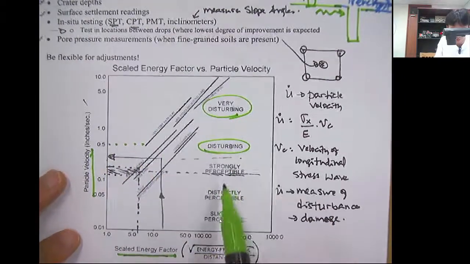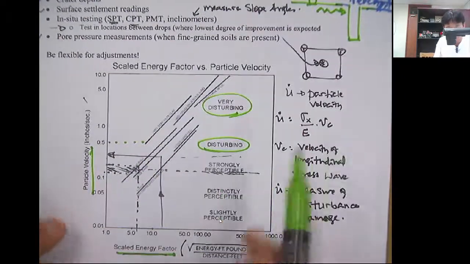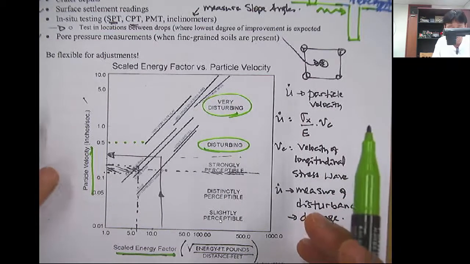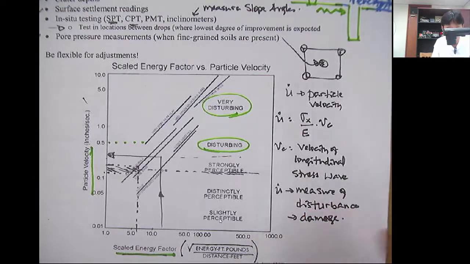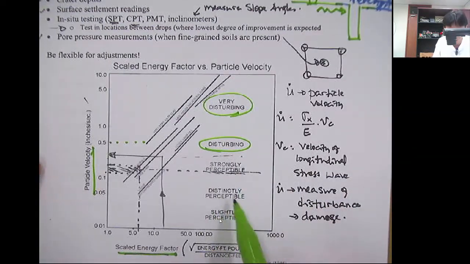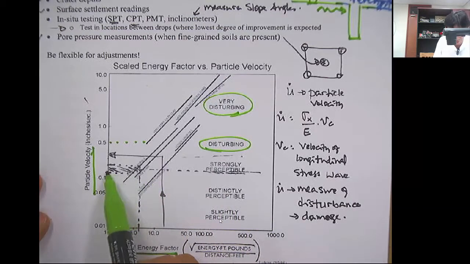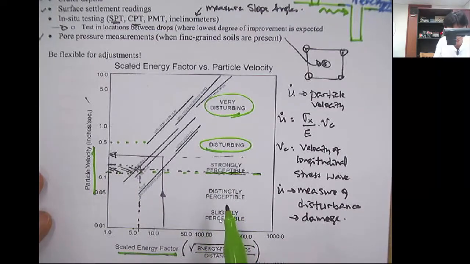It's fairly disturbing, and strongly perceptible means that people can detect, or people can feel the vibration from the DCC from a distance, and then distinctively perceptible and slightly perceptible. So I think it's recommended that it has to be lower than 0.1 inches per second.